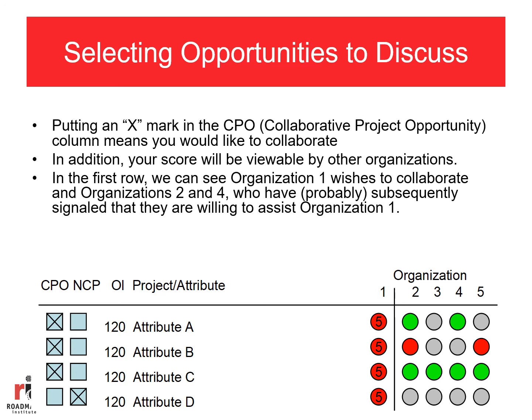So in this first row, we can see that organization 1 wishes to collaborate, and organizations 2 and 4 have probably responded after organization 1 clicked on the CPO box. They've signaled that they are willing to assist organization 1 with their capabilities, which we know they have on this particular attribute because they have the green circles in 2 columns, the column for organization 2 and the column for organization 4 in row 1.